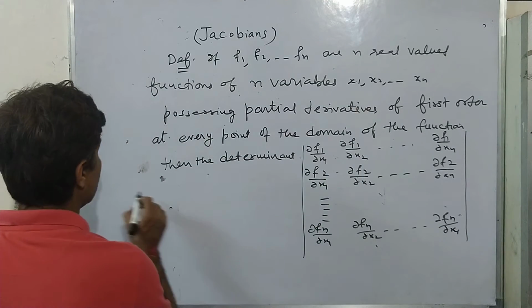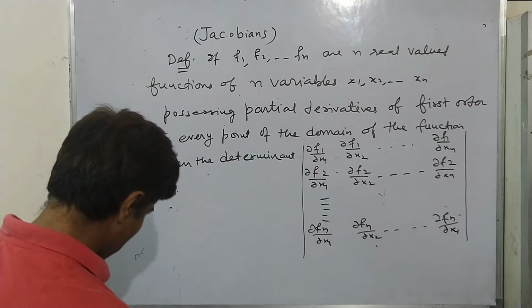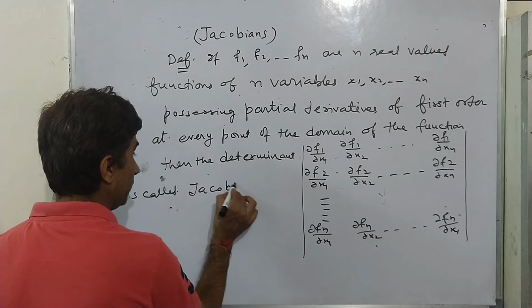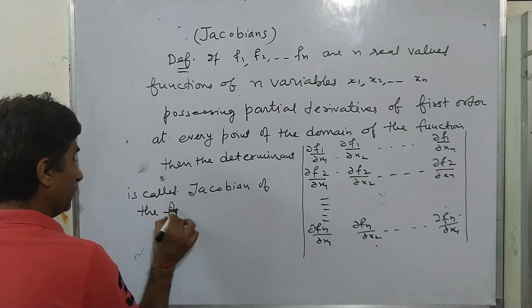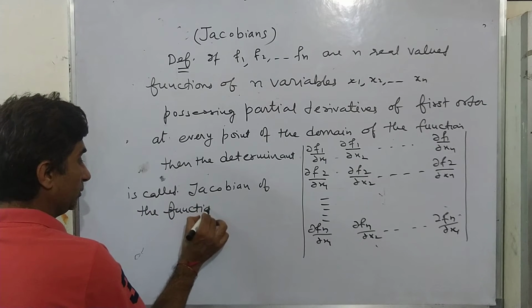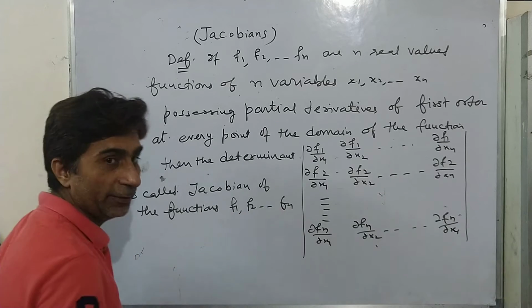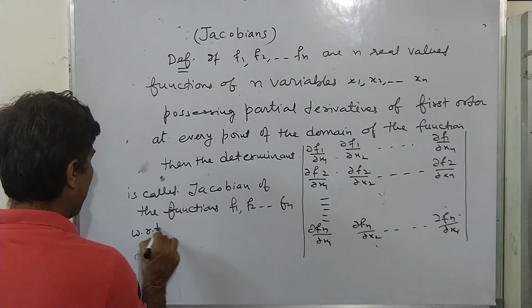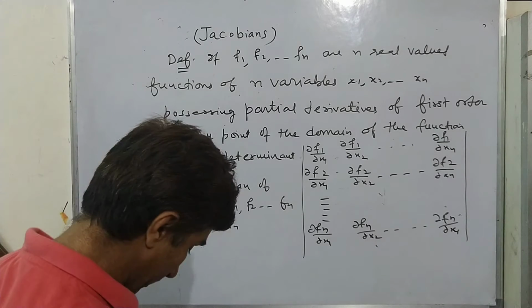This determinant is called the Jacobian of the functions f1, f2, ..., fn with respect to x1, x2, ..., xn.